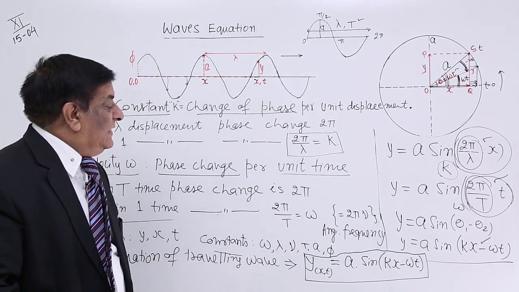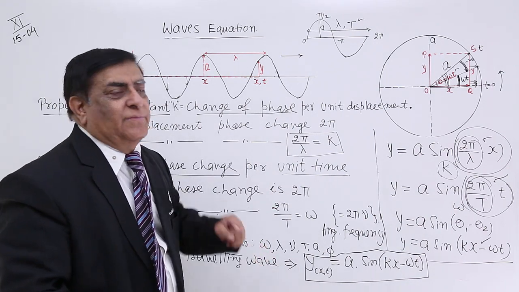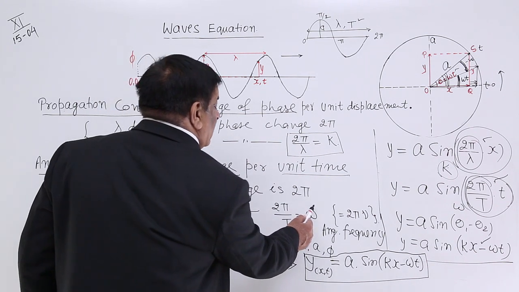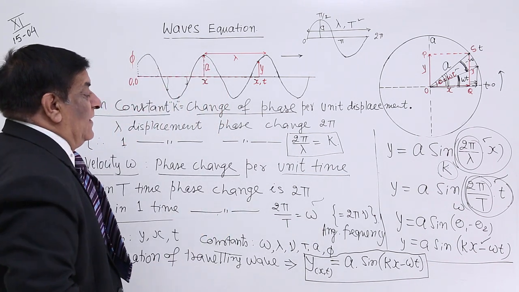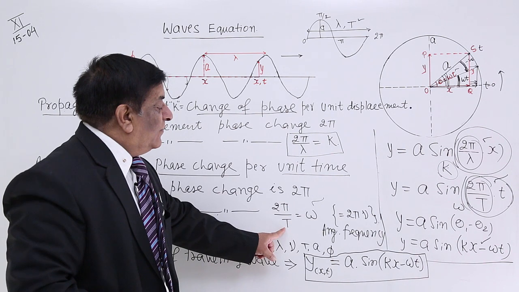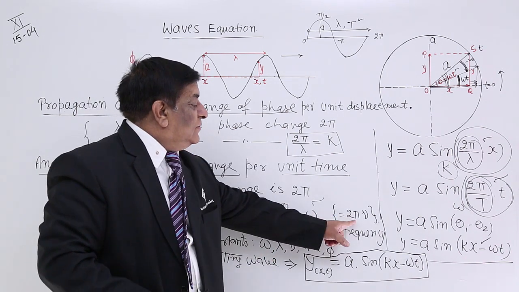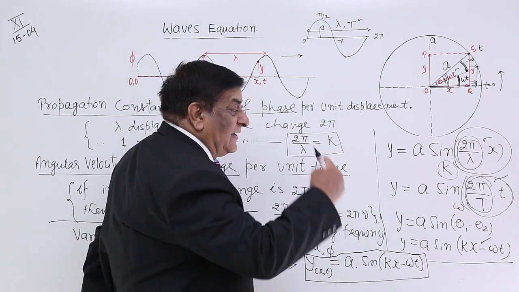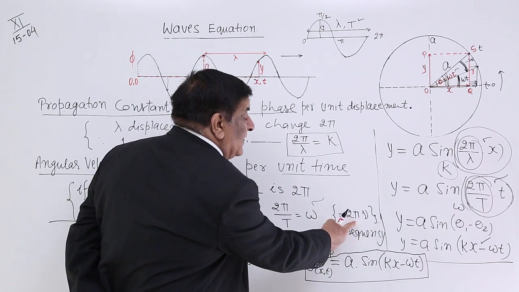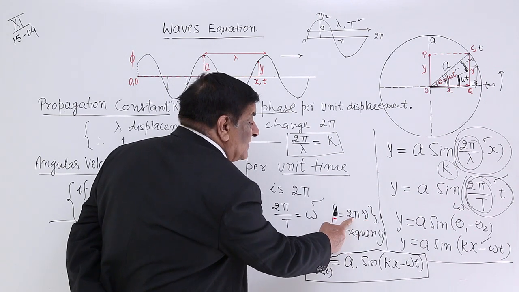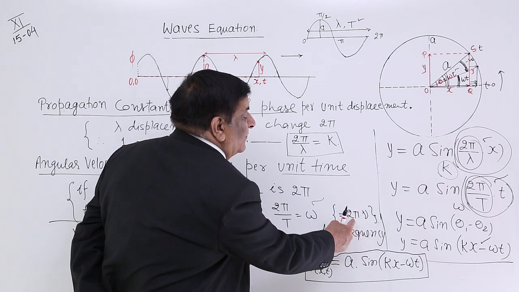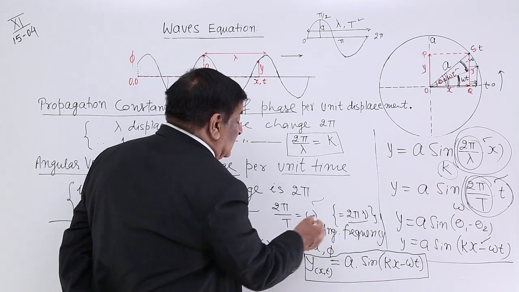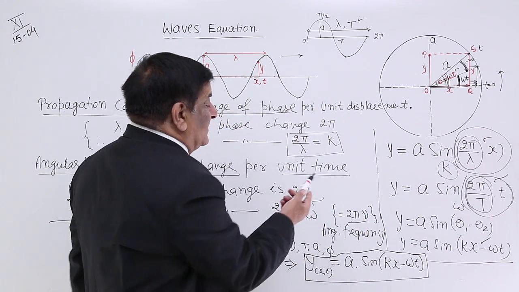So, this is the angular velocity of the wave, 2 pi upon T, and this is also a constant, because every one wave takes equal time. We know 1 upon T is equal to frequency. So, this can be 2 pi into frequency. Now, in one cycle the angle change is 2 pi. So, if we multiply frequency with angle, its name will be angular frequency. So, this quantity is angular frequency, and this is equal to angular velocity.